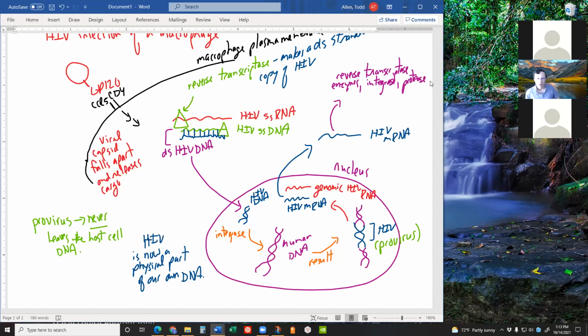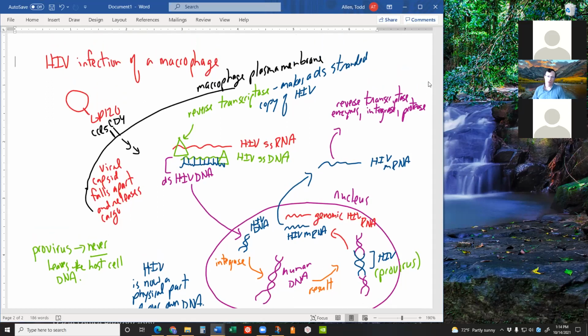These are the new building blocks for new virus particles to be created.